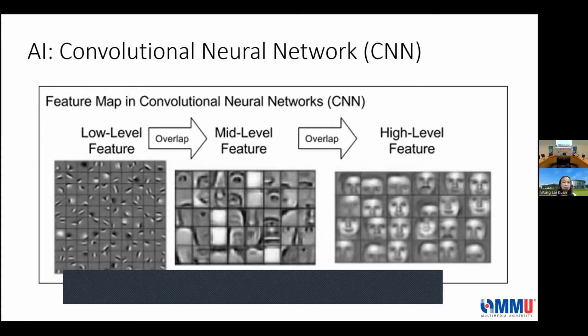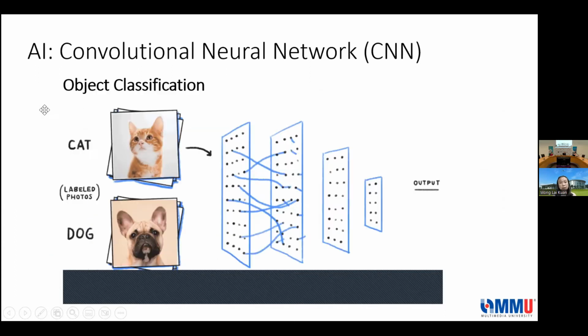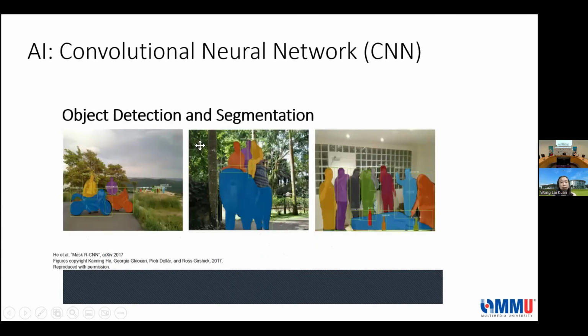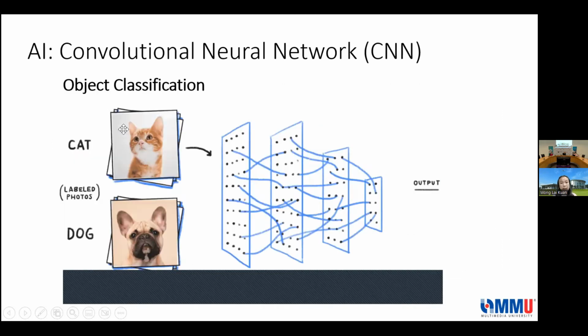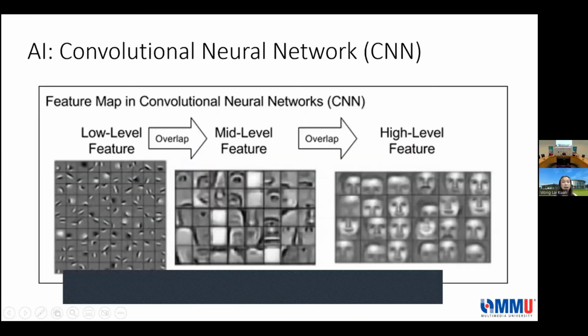For example, this is some of the visualization we obtained from a neural network like this. And very interestingly, there are many layers here that you can see. The earlier layers will learn the low-level features. The middle layers will learn the middle-level features, and the later layers will learn the higher-level features, which, for example, for face recognition, is what it learns.